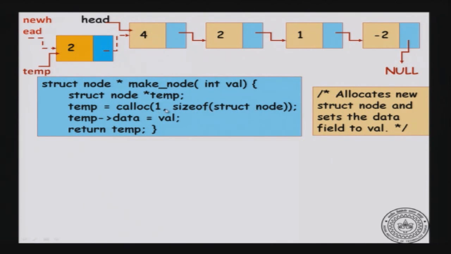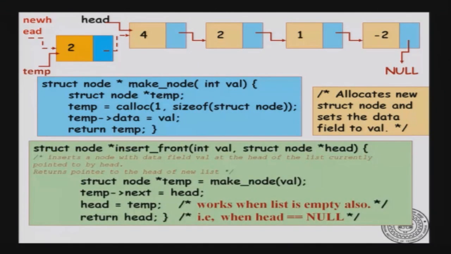This will allocate memory enough to create one node. Its data field will be set to val, which is what we are given as argument to the function, and then you return the node.